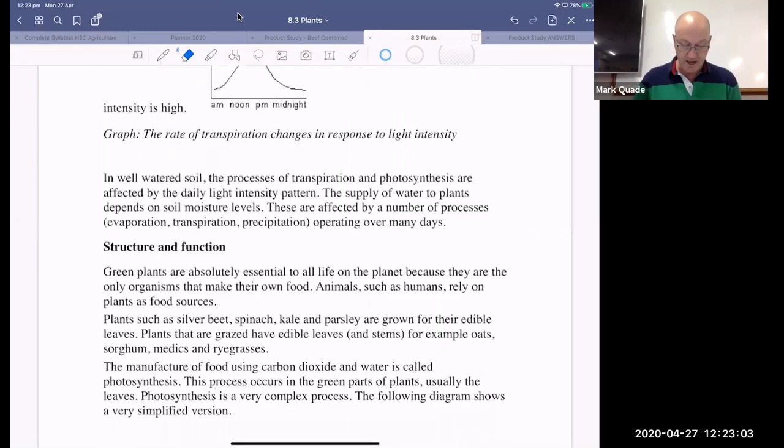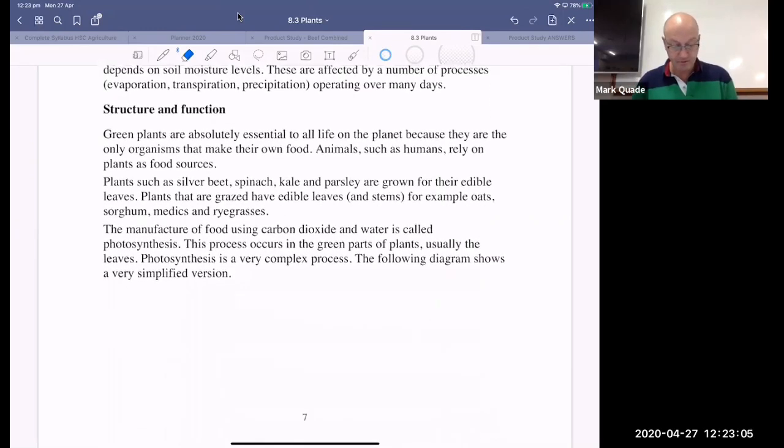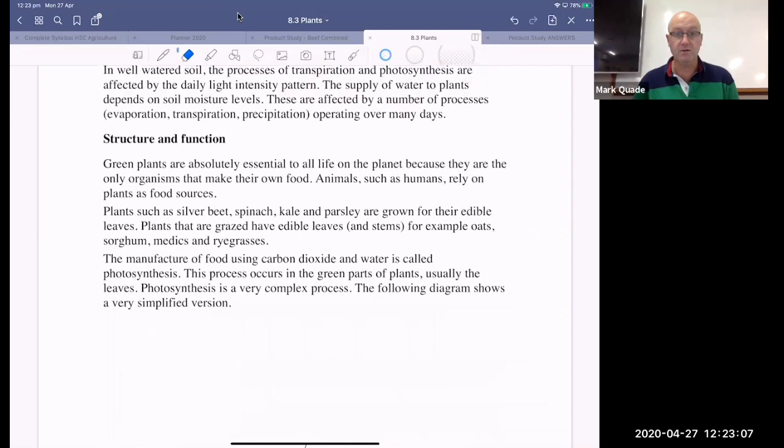Now, structure and function. Let's have a look here. So in agriculture, the main thing with leaves is we can harvest the leaves themselves for stuff like vegetables, so edible leaves and stuff like that.